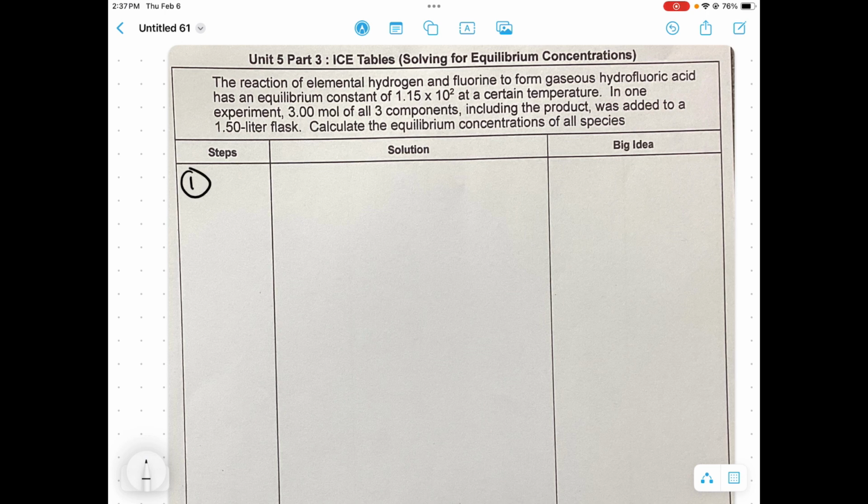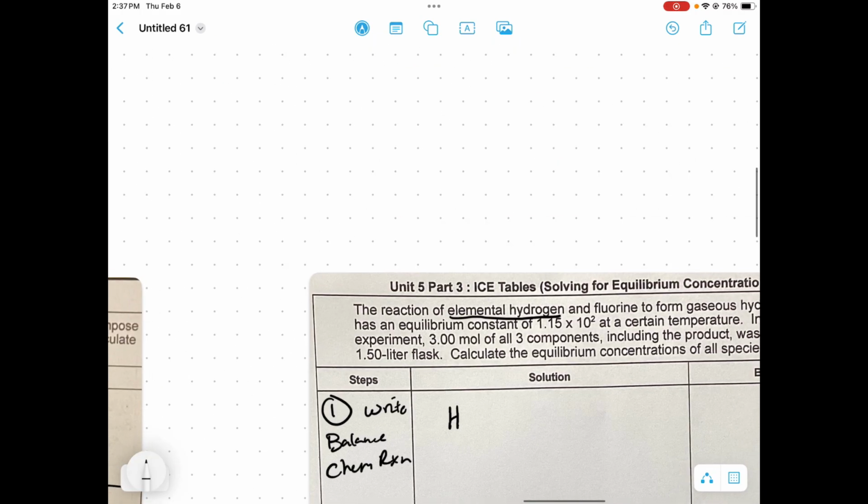Just like always, our first step is going to be writing a balanced chemical reaction. It's telling us that we're starting off with elemental hydrogen. Elemental just means I have a single type of element, so just hydrogen.